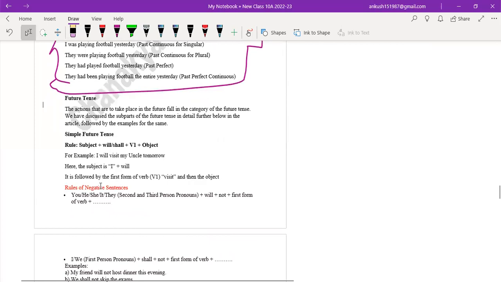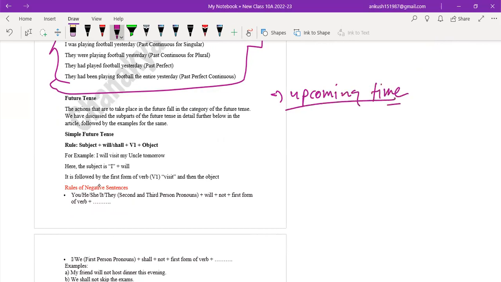Future tense is definitely the upcoming time, or the action which will take place in the future time. It means it is not completed and it is not running at the time of speaking. In the future, it will take place. So the actions that are to take place in future fall in the category of future tense.